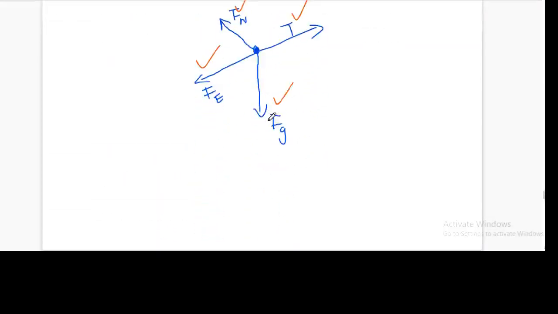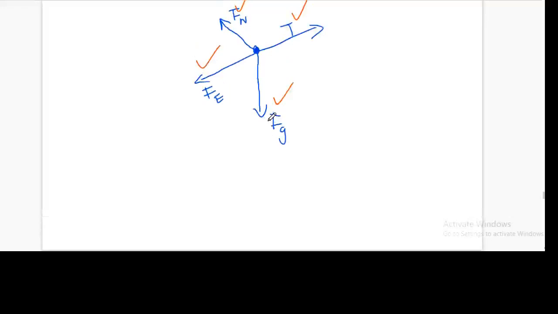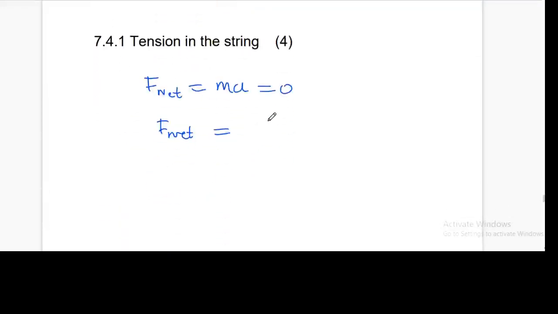We can choose direction and say up the incline is positive, and say F net is T minus gravitational force parallel minus the electrostatic force.